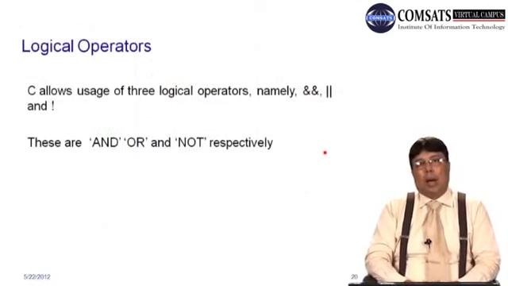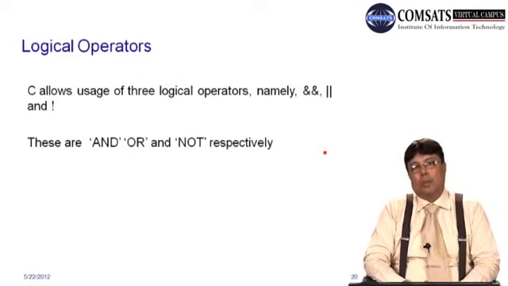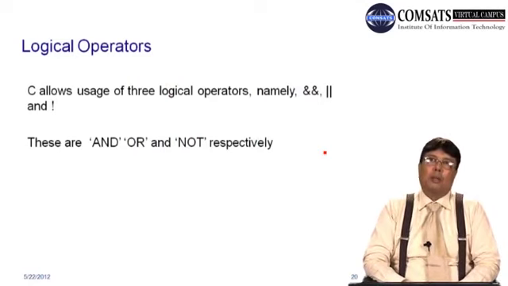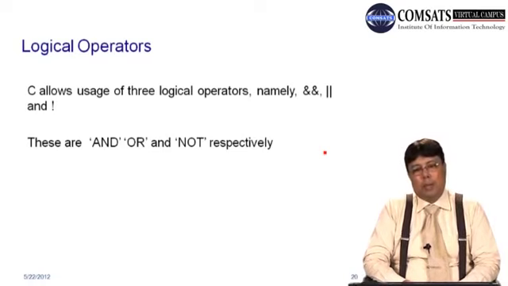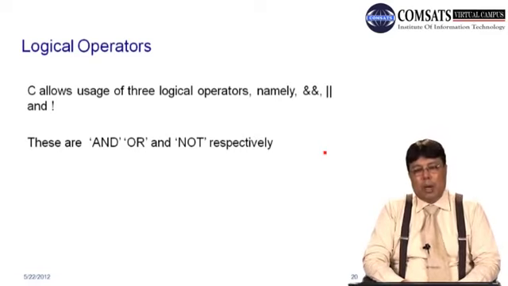Before we do some more practice, let's talk about the logical operators also. So far, in the if construct, whatever I have taught, I have used the relational operators. There are logical operators as well. And what are the logical operators?